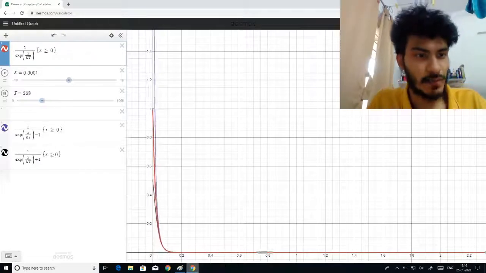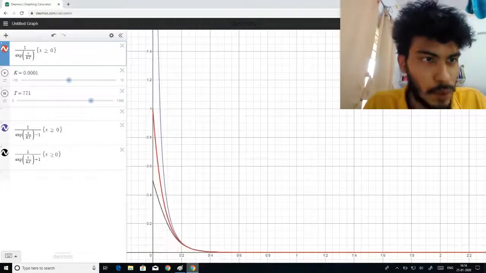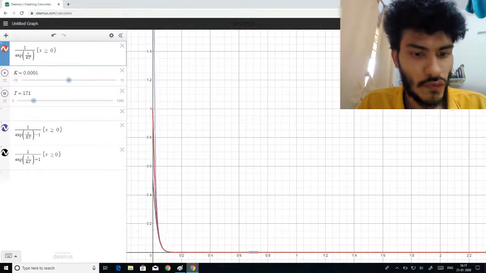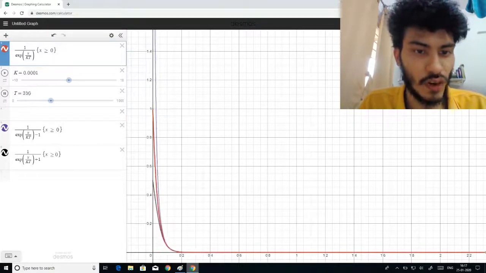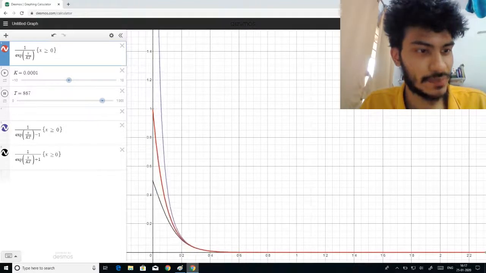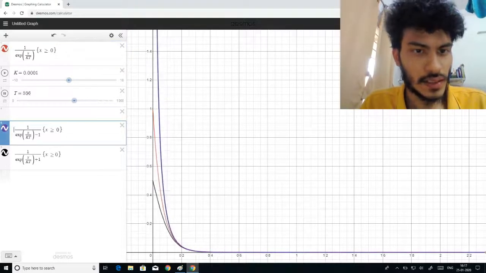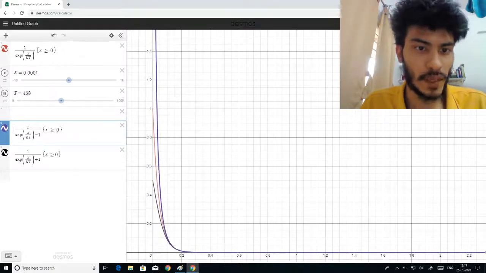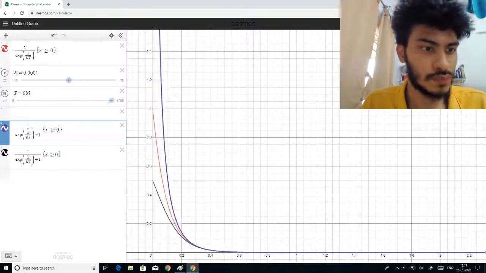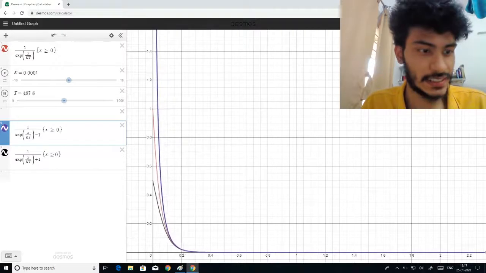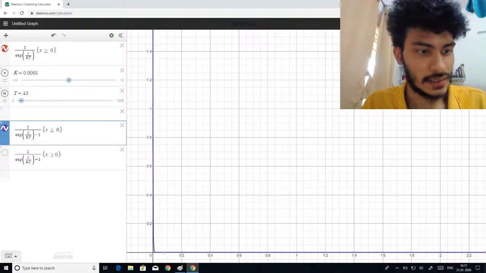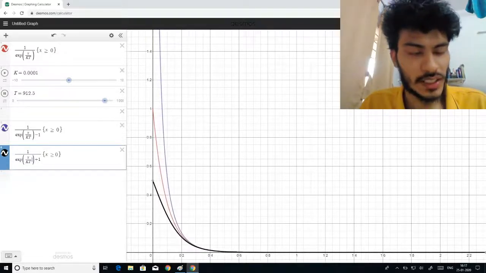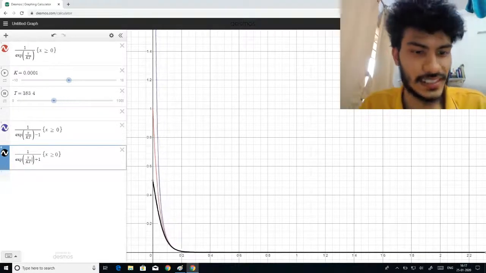So let us look at this plot. The plot in red is for classical particles or particles that follow Maxwell-Boltzmann statistics. The curve in purple is for particles that follow the Bose-Einstein statistics, and the curve in black is for particles that follow Fermi-Dirac statistics.